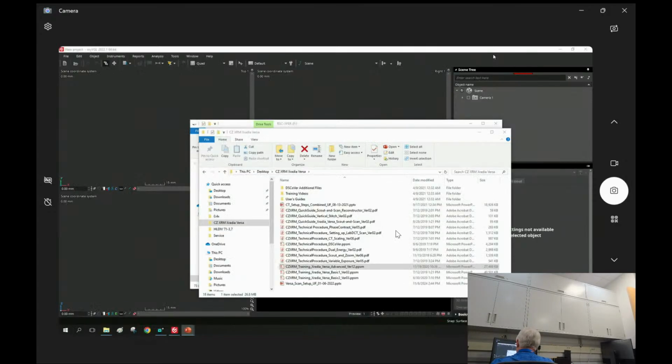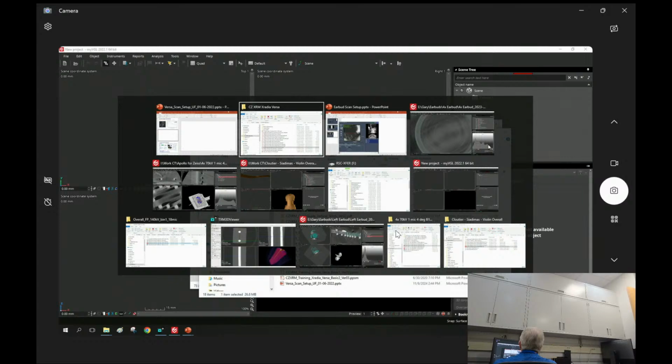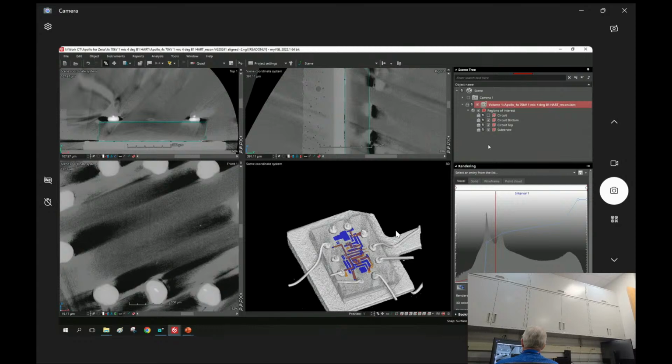So I'm going to escape out of this, and back to that. So from a semiconductor package point of view, this was something that someone shared with me, that they wanted to see what sort of circuitry I could see in this Apollo chip from the late 60s, early 70s.